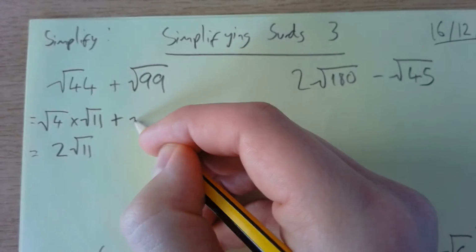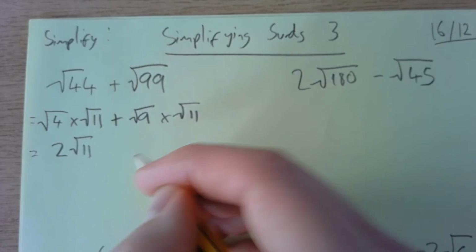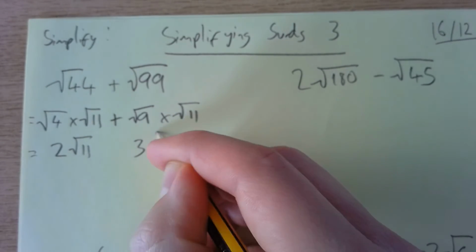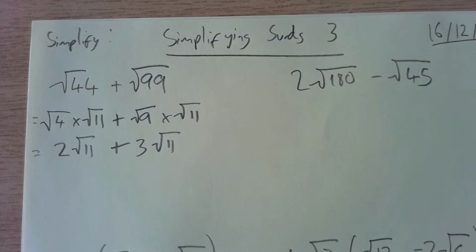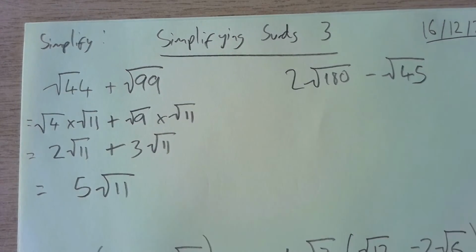That means it's the same as root 9 times root 11, and the square root of 9 is 3, so it's the same as 3 root 11. Really, this is just like adding algebraic terms. Root 11 I can treat just like an x. 2 root 11 plus 3 root 11 is 2 lots of root 11 plus 3 more lots of root 11, which means I've got 5 lots of root 11. And that's all there is to it, really.